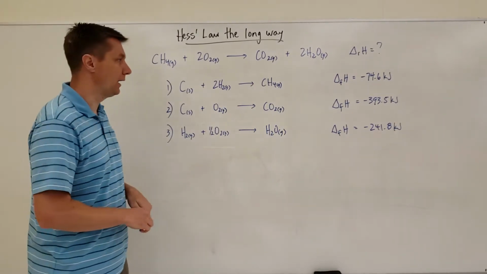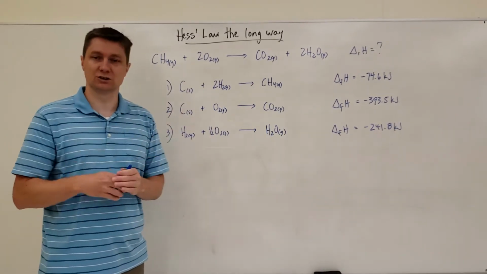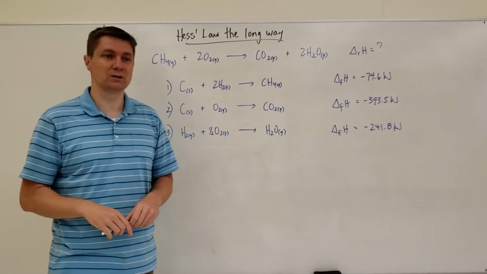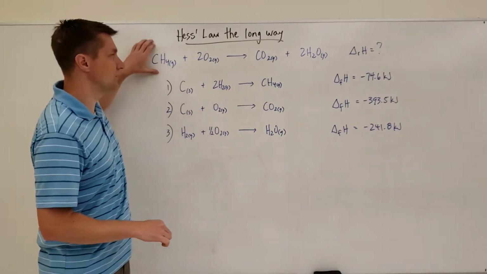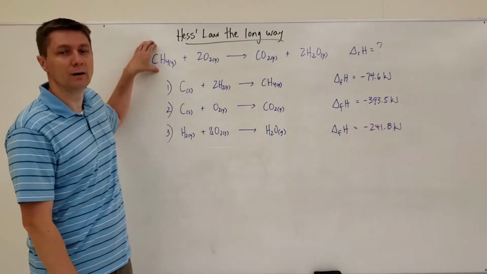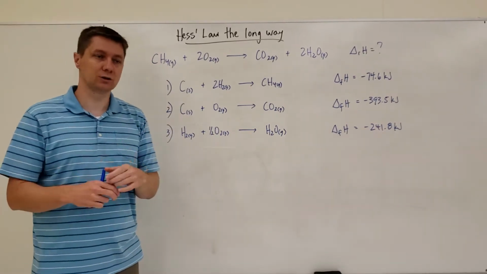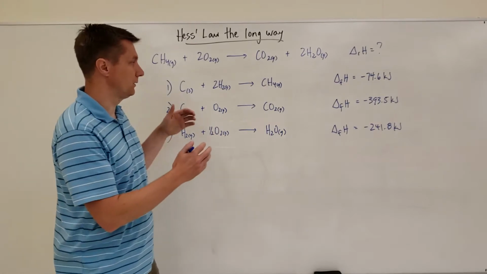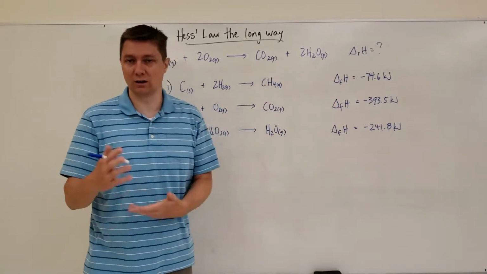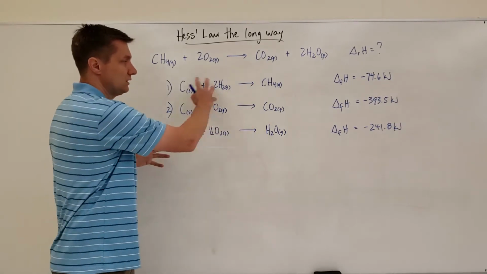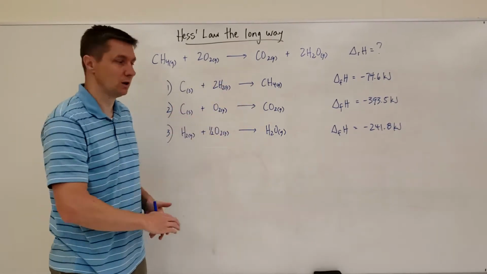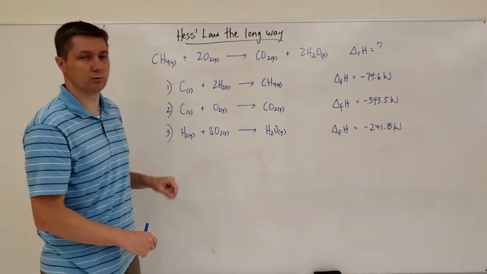And we can rearrange them just like you would with a regular puzzle piece, so that the stuff we have here is identical to the stuff up here. As we rearrange, we have to do certain things with the delta H's that I'll illustrate in a minute. But the goal is, using these three puzzle pieces, to rebuild this chemical reaction.